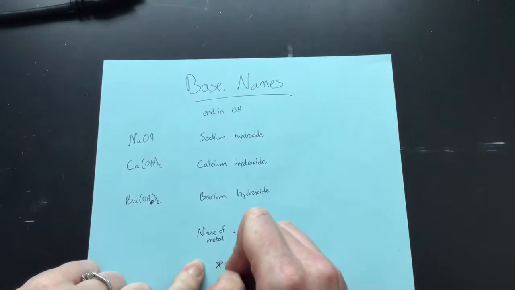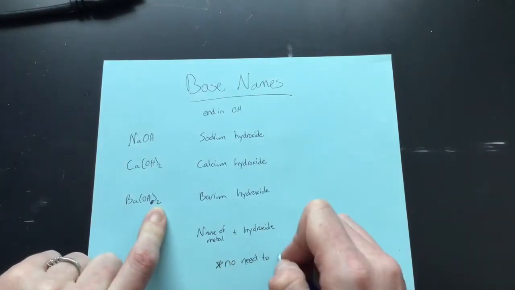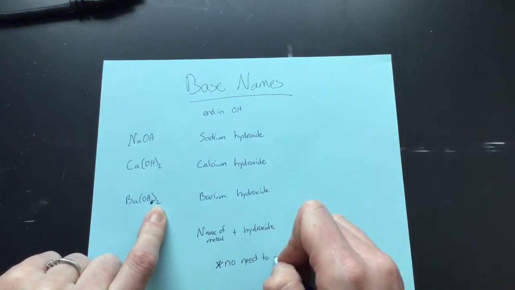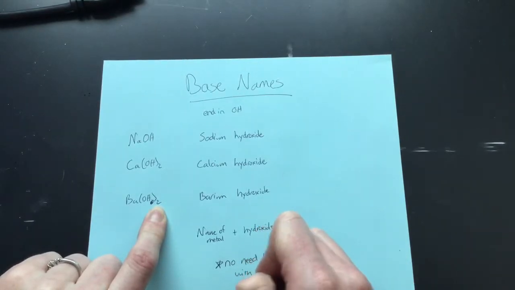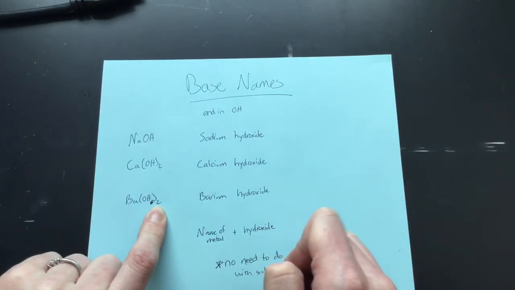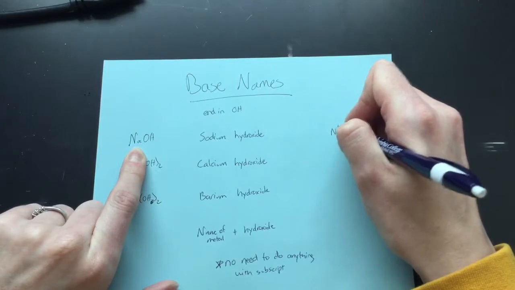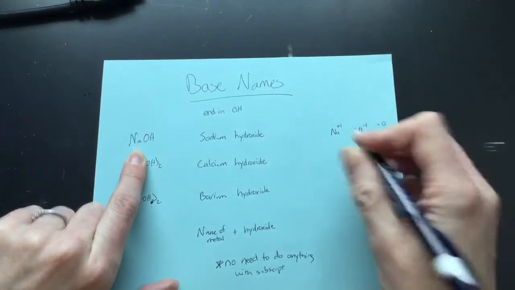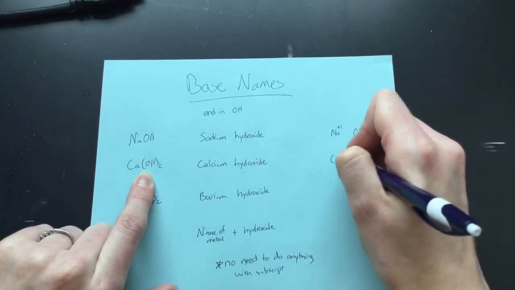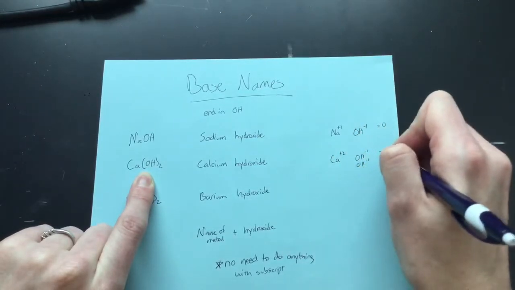A note: no need to do anything with the subscript. That subscript is there so that the formula works out. Remember, OH has a -1. Na is +1, OH is -1, so that has to add up to 0. Calcium is +2 and OH is -1, so it takes 2 of those to add up to 0.